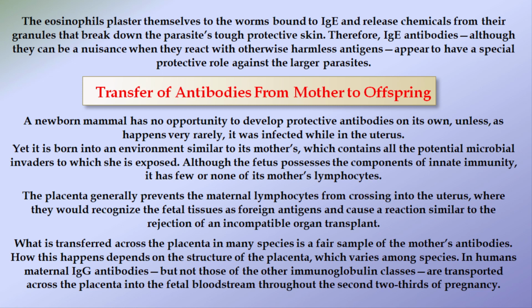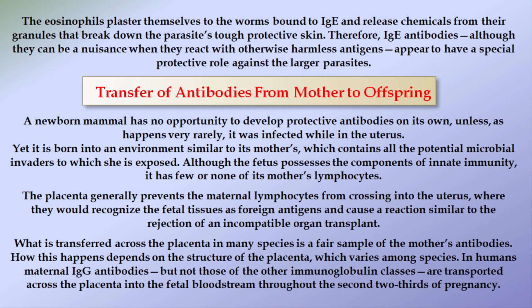Although the fetus possesses the components of innate immunity, it has few or none of its mother's lymphocytes. The placenta generally prevents the maternal lymphocytes from crossing into the uterus, where they would recognize the fetal tissues as foreign antigens and cause a reaction similar to the rejection of an incompatible organ transplant.